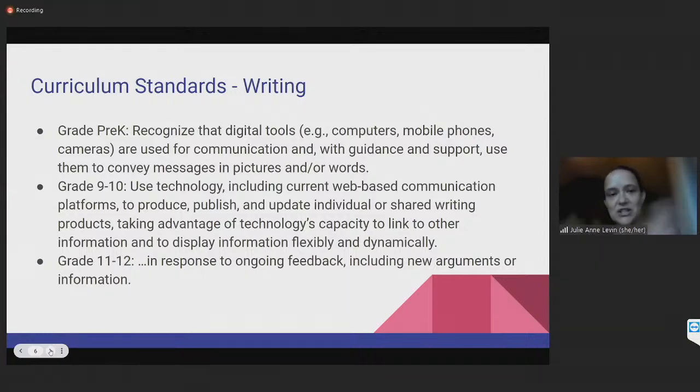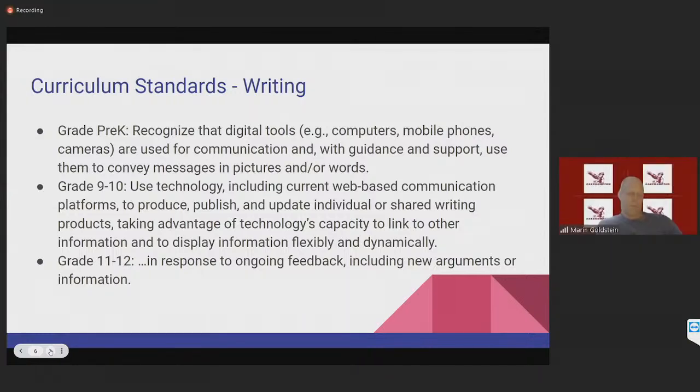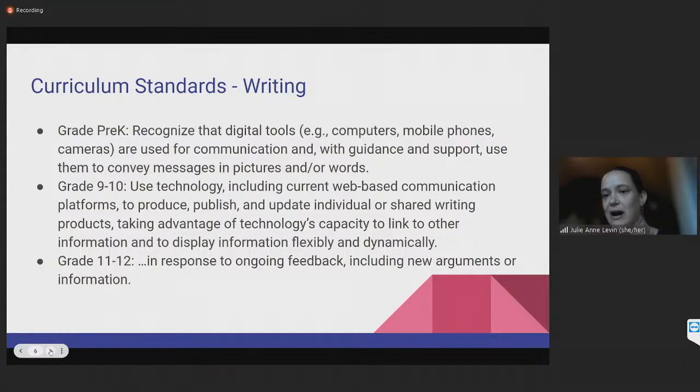Watching what's happened with the pandemic has been a real fascination for me. When we encounter an argument that is contrary to something we hold to be true, what do we do with it? That's actually part of our standards, and it occurs in our high school as part of the embeddedness in the curriculum for writing.